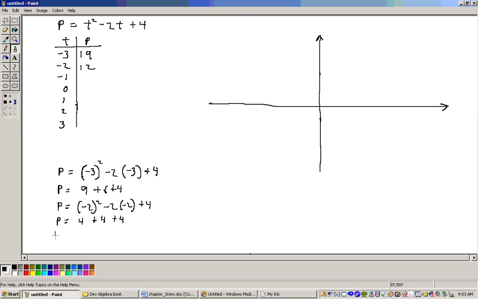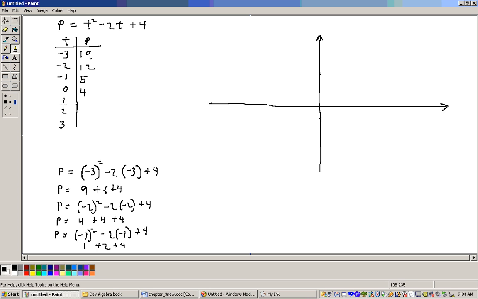At negative 1, when I substitute that in, that would be negative 1 squared minus 2 times negative 1 plus 4, which gives me 1 plus 2 plus 4, which is 5. When I substitute 0 in for t, well, that's going to be 0 squared minus 2 times 0 plus 4, which is 4.